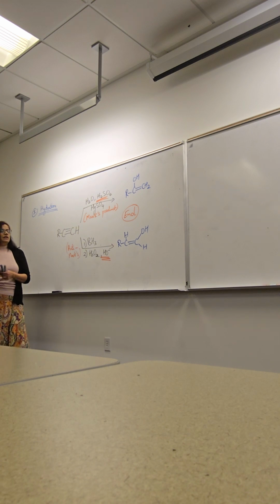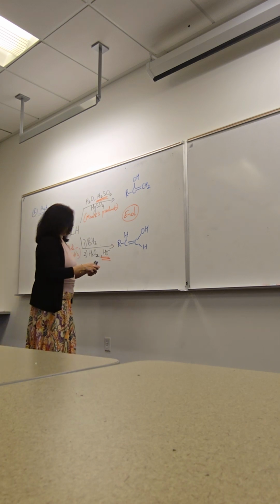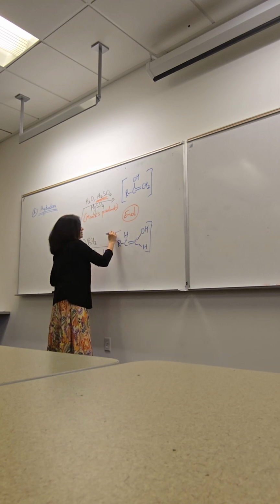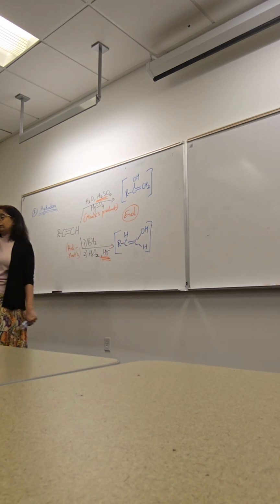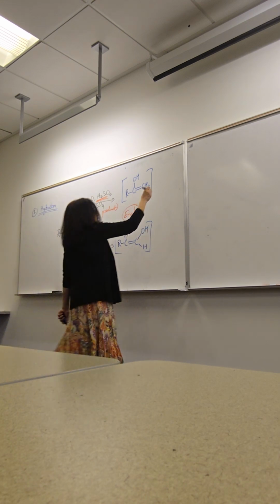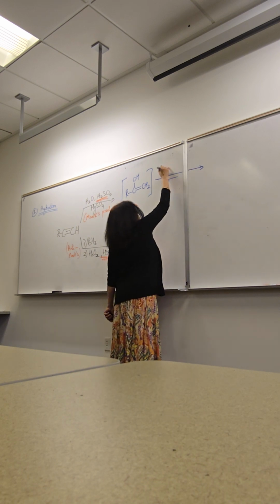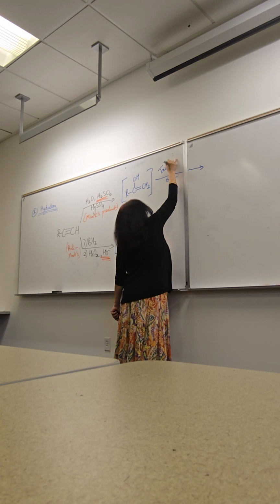Under acidic and under basic conditions, this is not the final product because enols typically are not very stable. They undergo an equilibrium process called tautomerism.